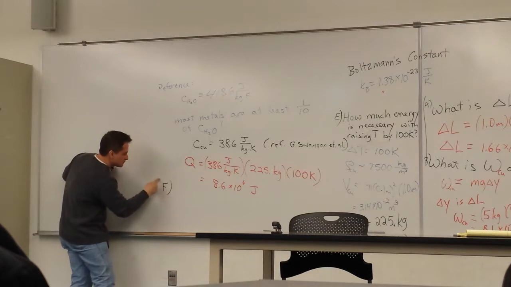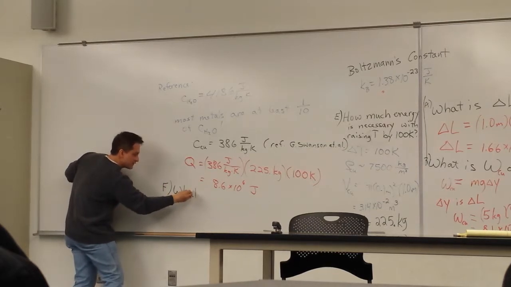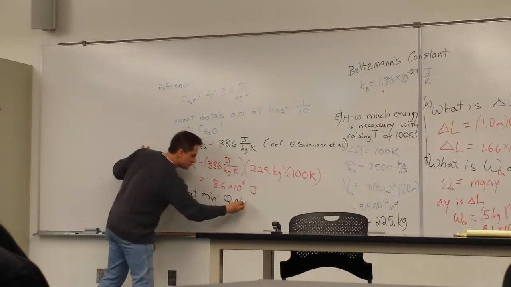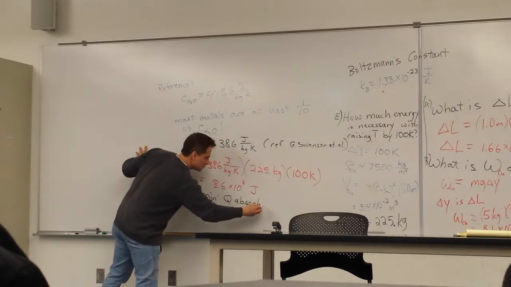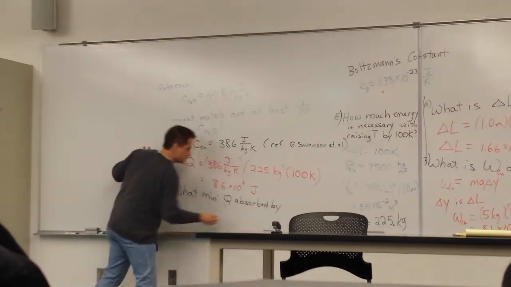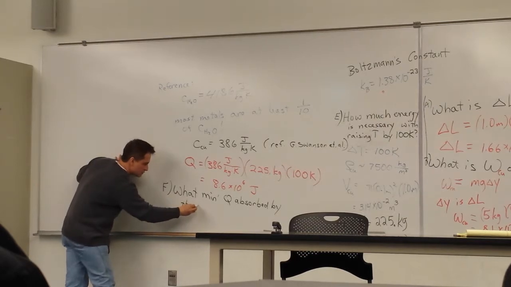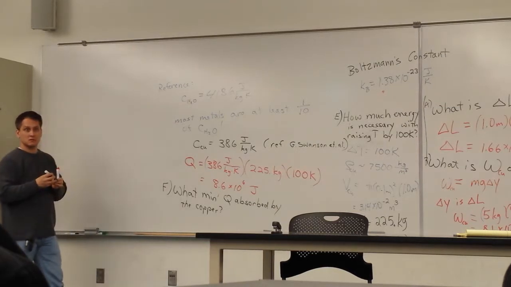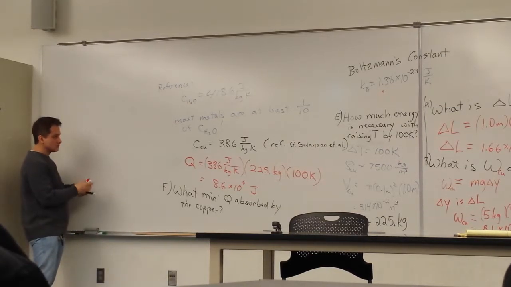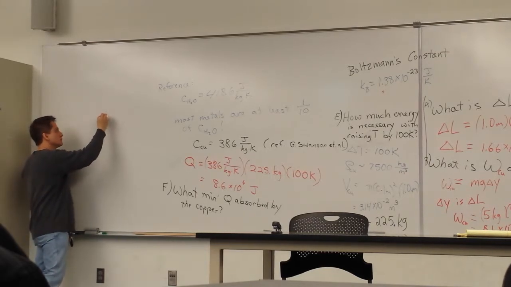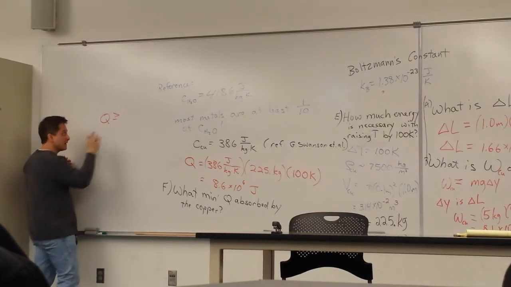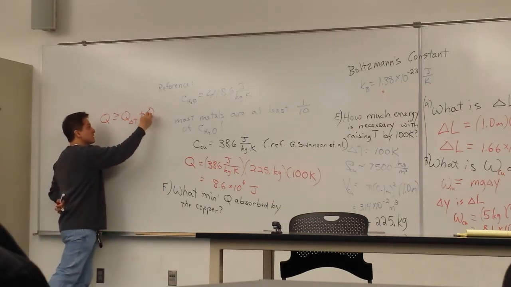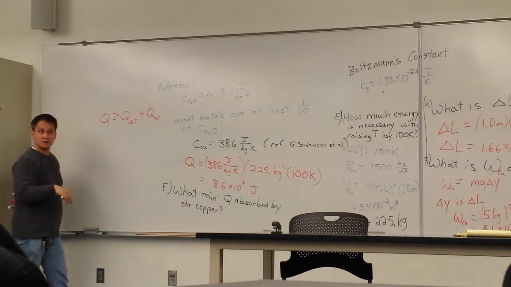So, given this information, what is the minimum Q absorbed by the copper? So Q has to be greater than the heat required to raise the temperature plus the heat associated with doing that work, if you will, or W.